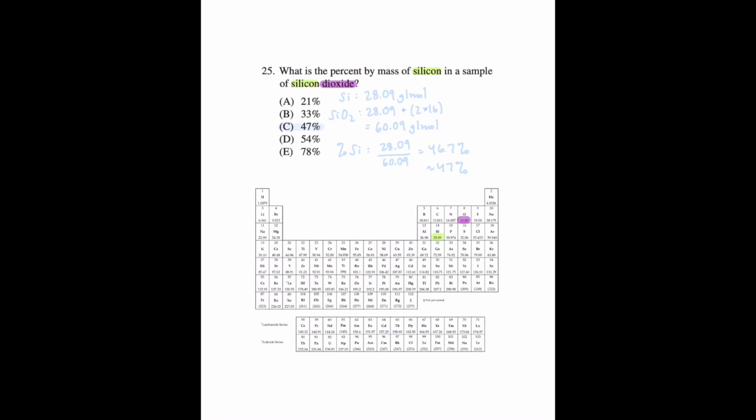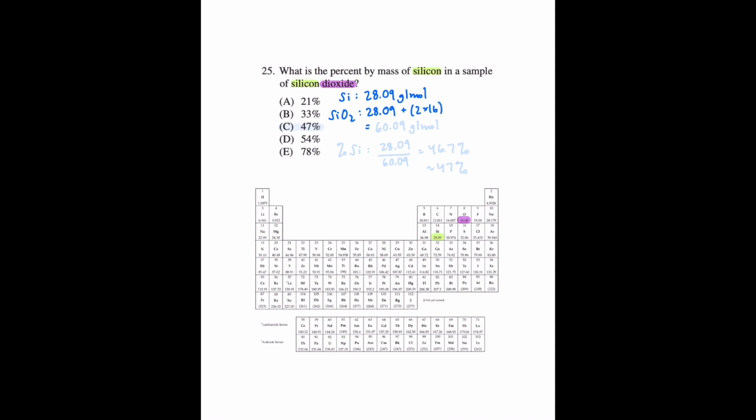Here we have a standardized test question asking what is the percent by mass of silicon in a sample of silicon dioxide? So we're going to need to know the mass of silicon, which from the periodic table is 28.09 grams per mole. And the mass of silicon dioxide would just be the 28.09 plus 2 times 16, which is the molar mass of oxygen.